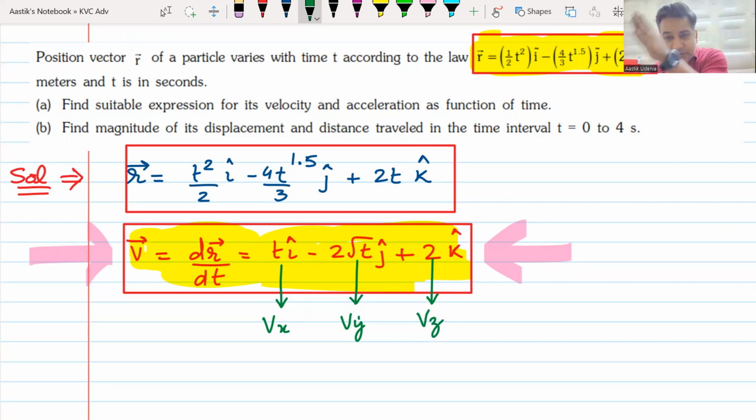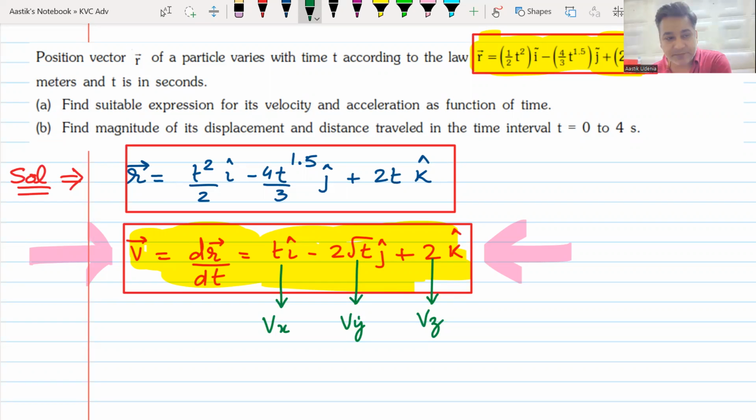But if I break it into components, component-wise, can you tell me which component of velocity is uniform and which component of velocity is non-uniform? Velocity varies as a function of time, so it cannot be uniform overall.